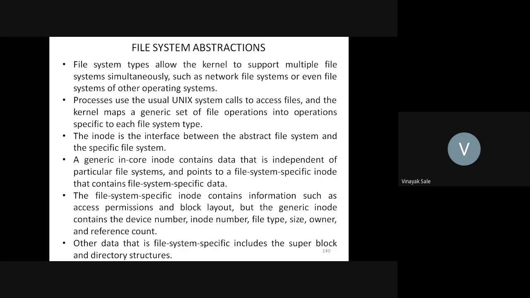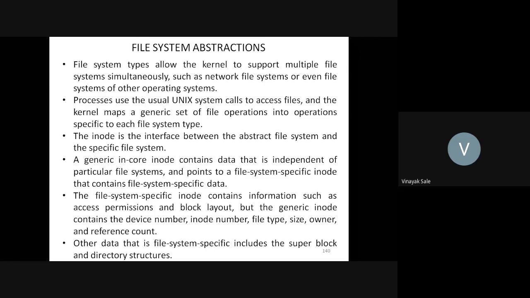So file system types allow the kernel to support multiple file systems simultaneously, such as network file systems or even file systems of other operating systems. Processes use the usual Unix file system calls to access files, and the kernel maps a generic set of operations into the operations specific to each file system type.